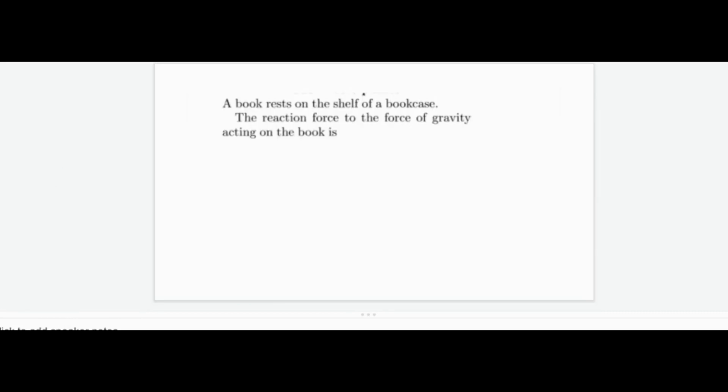What is the reaction force? So a book rests on the shelf of a bookcase. So we've got the action force, which is the force of gravity acting on the book. So what object is exerting a force of gravity on the book? Earth, correct. So we say that there is a force exerted by the earth on the book.